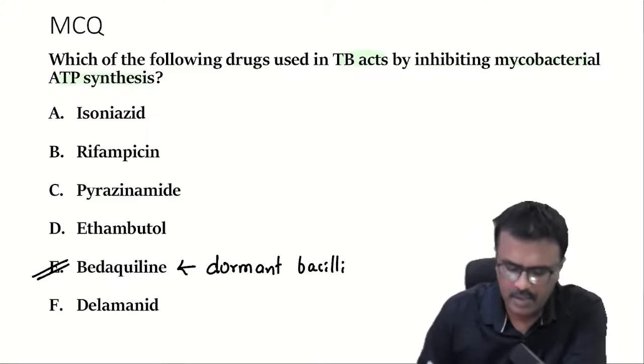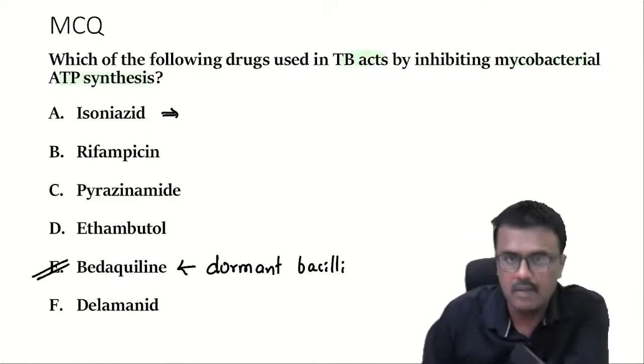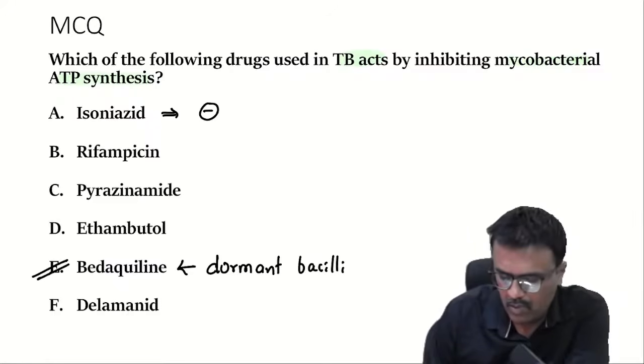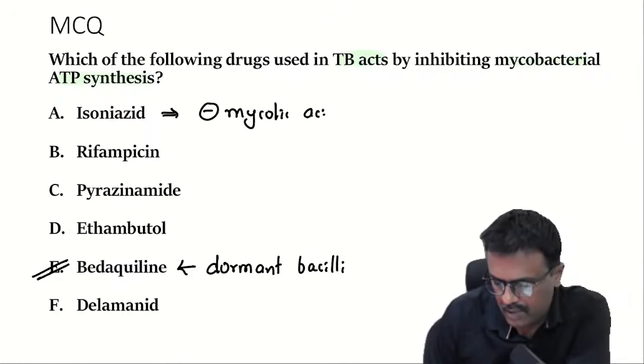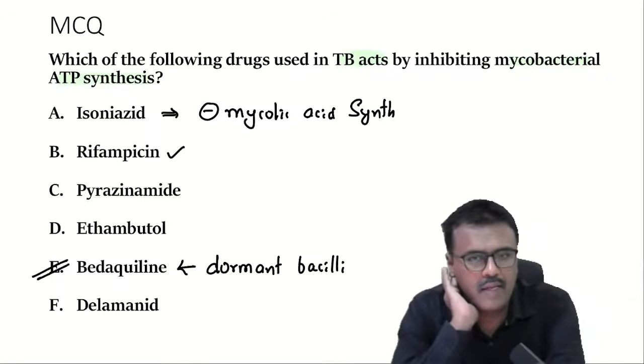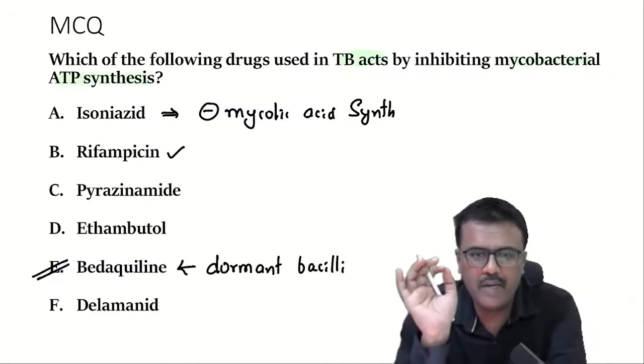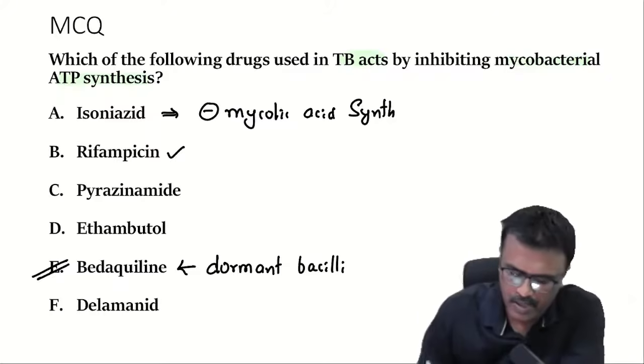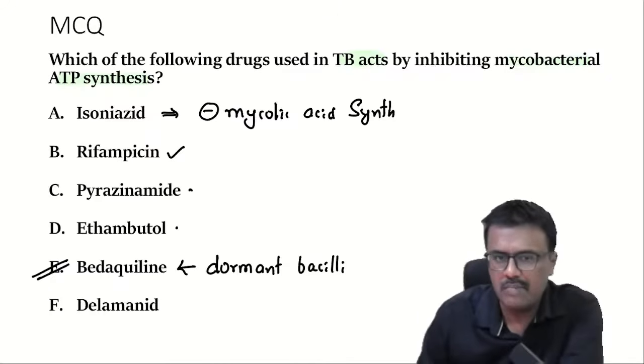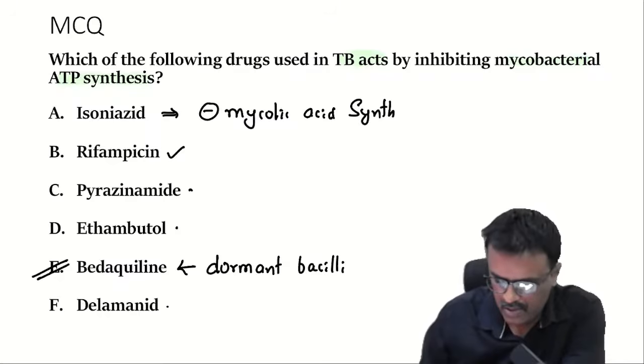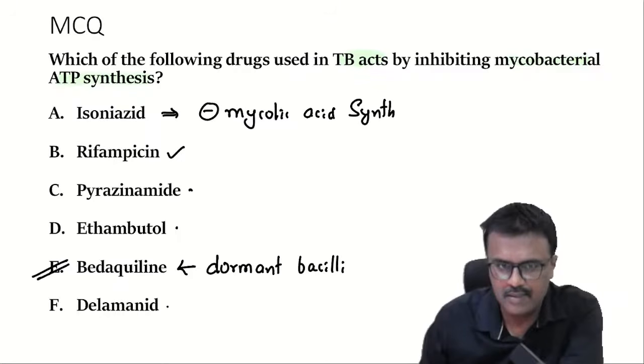What about the other mechanisms? Isoniazid inhibits mycolic acid synthesis. Rifampicin, I told you, inhibits DNA-dependent RNA polymerase. Pyrazinamide, ethambutol, not important. They don't ask you the mechanisms there. Delamanid also inhibits cell wall synthesis.